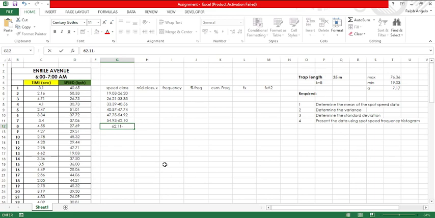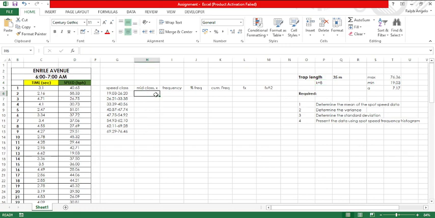Then we have 69.28. Then I think this is the last one. 69.29 up to, adding 7.17, 76.46. So we have 1, 2, 3, 4, 5, 6, 7, 8. We already have 8 intervals, which is equal to the value computed based on Sturges' formula.